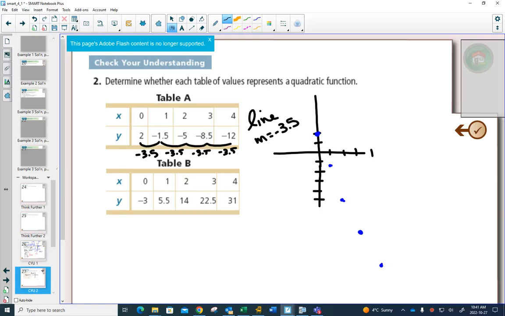What about the second one? We're going up 8.5. Oh, this is great. They did another one where you're always going up the same amount. If you're always going up the same amount, this one too is going to be a line with a slope of 8.5.